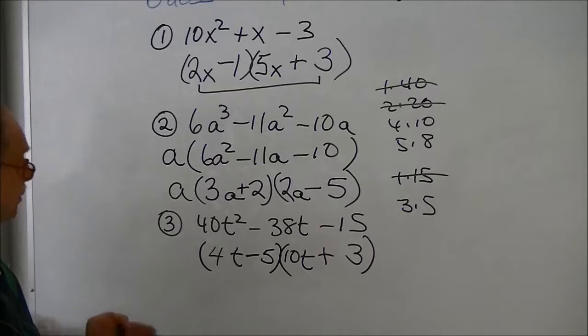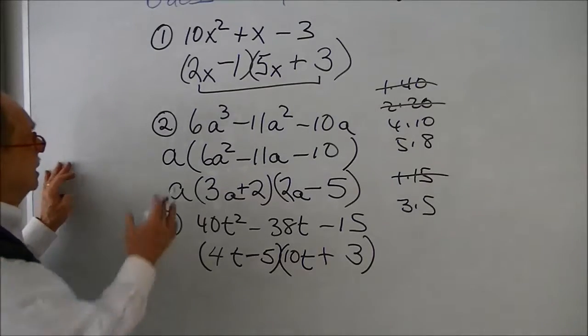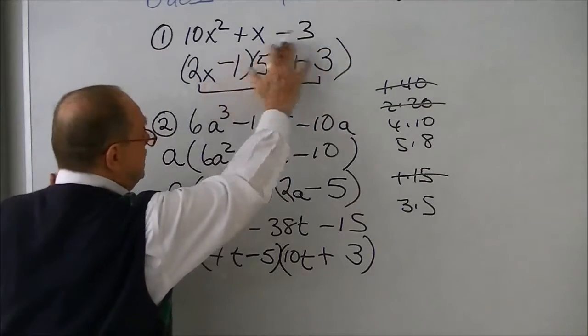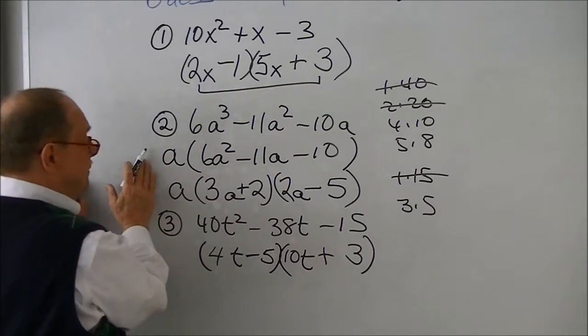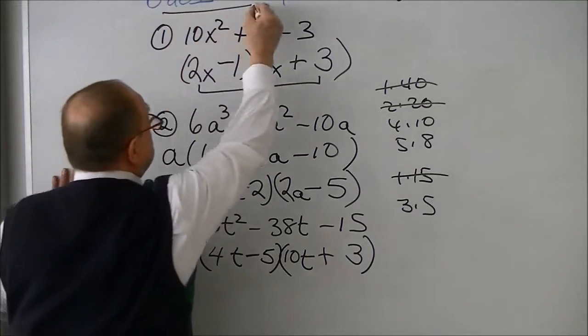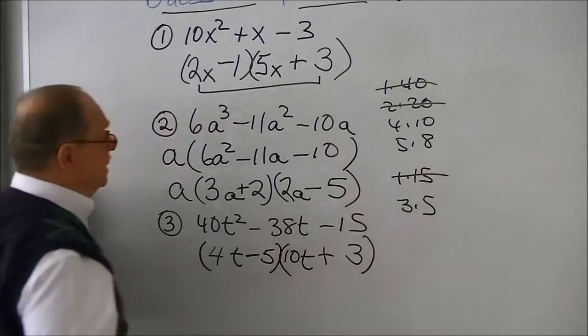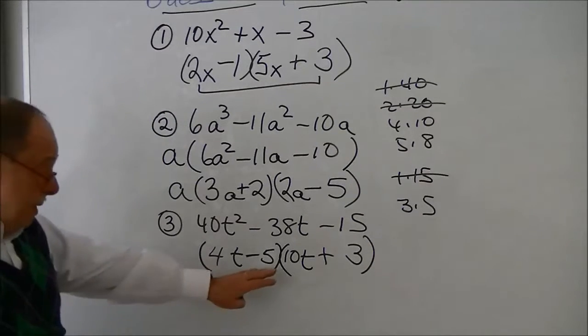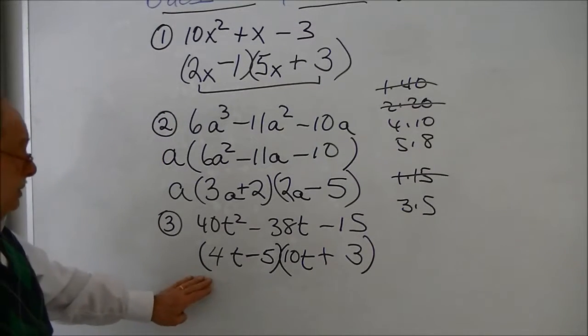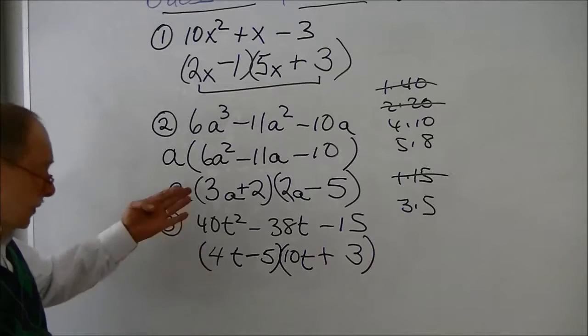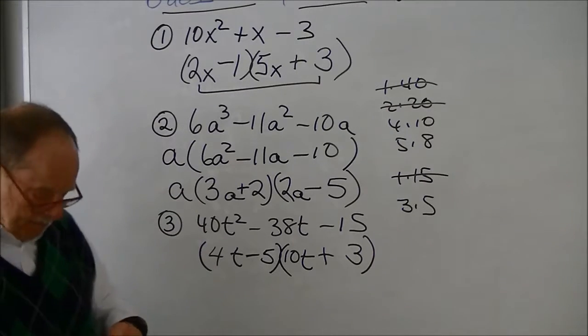We're trying to show you a strategy of setting it up in standard form, factoring out the greatest common factor, and then your guess and check, trial and error, using a pencil. These will take longer, but that's the strategy for solving them.